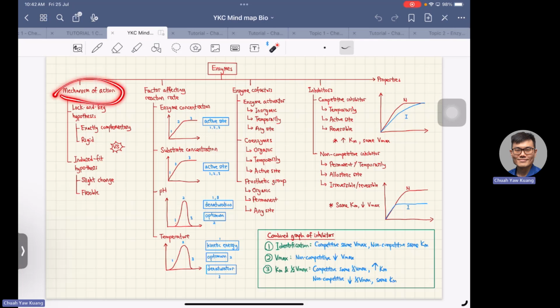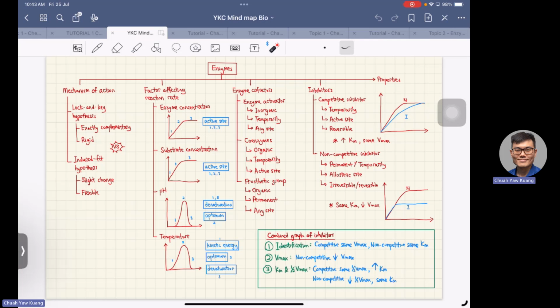The mechanism of action. You have learned it before as well. It is basically the lock and key hypothesis versus the induced fit hypothesis. For the lock and key hypothesis, what is the most important point that you need to explain?